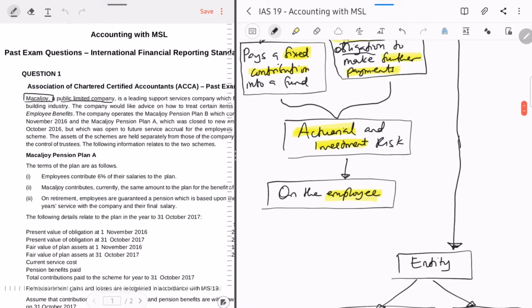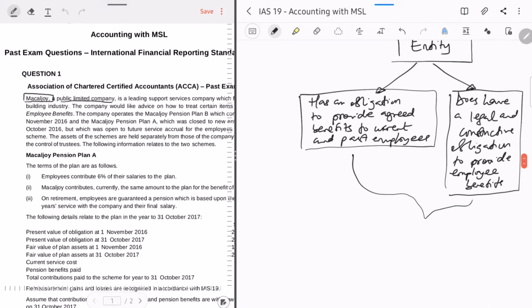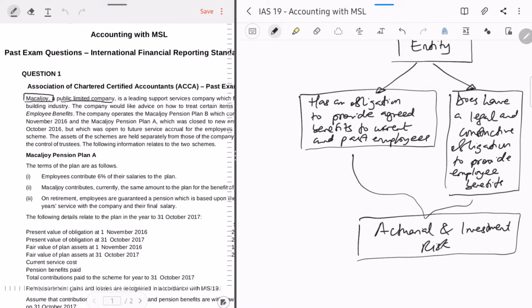So now that we've looked at this, we can talk about the actuarial and investment risk. Under this, the actuarial and investment risk will not be on the employee, will be on who?